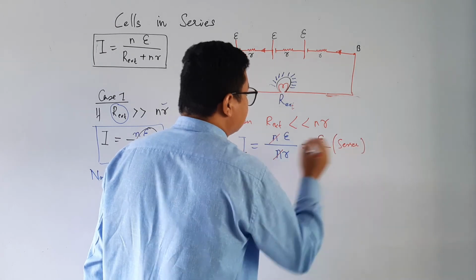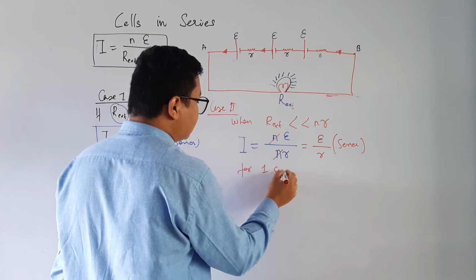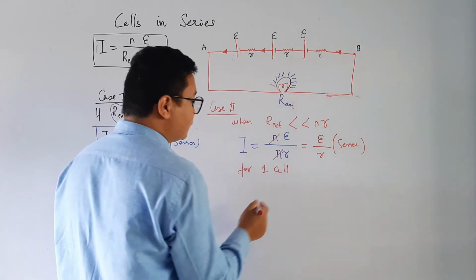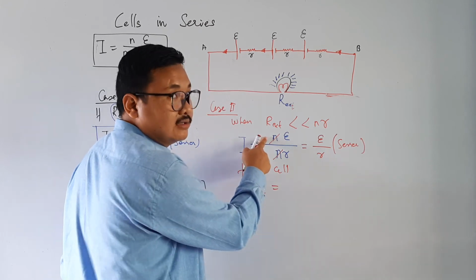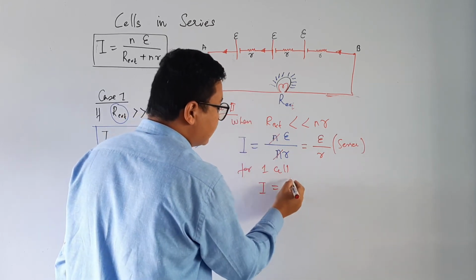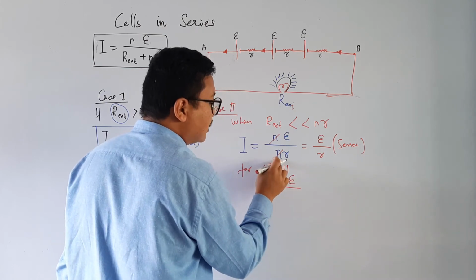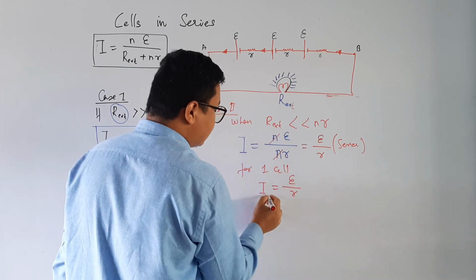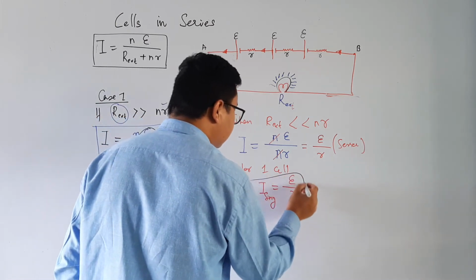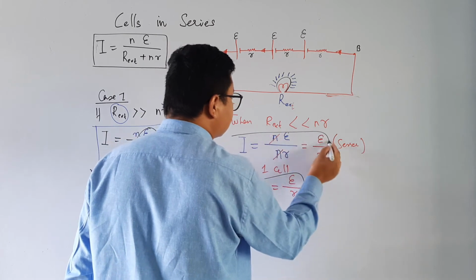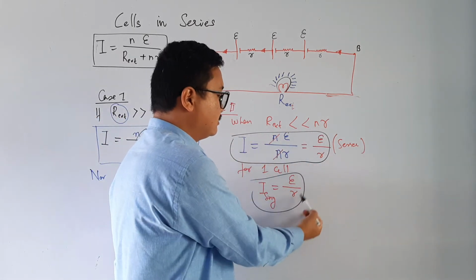Now for one cell, what will happen? Then I is equal to, in place of n there will be 1, then 1 into E is E, no change, divided by 1 into r is r, for a single cell. Now if you see here, this is also E by r, this is also E by r.